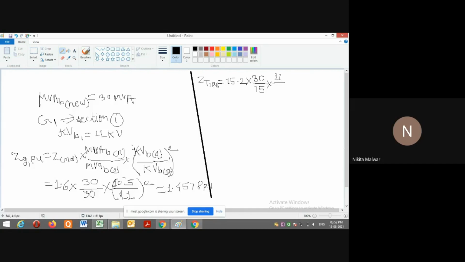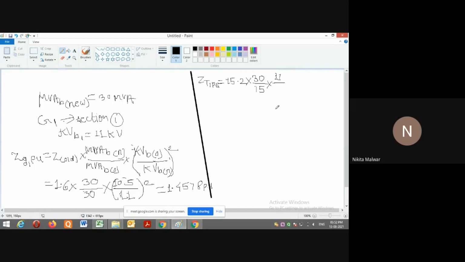Now we have to choose the kV base new value. Your transformer is lying in section 1, so your section 1 kV base is 11 kV. Why have we chosen 11 kV here? We also have the value for kV base 2, which is for section 2, but we have chosen the primary side value for the transformer. That's why we have taken this value for the new value of transformer.